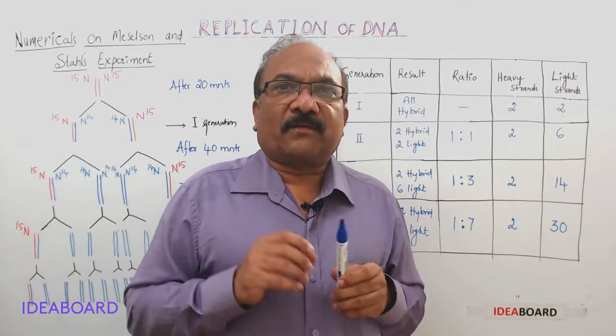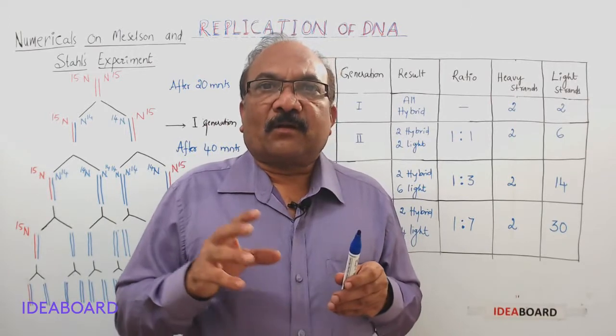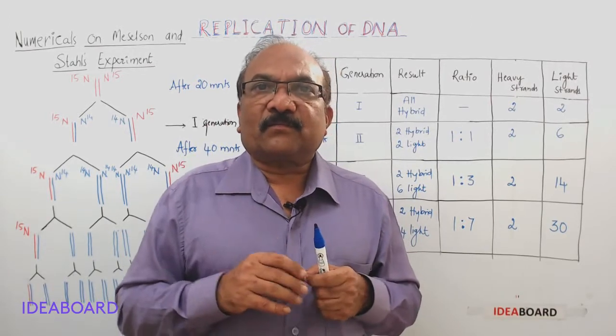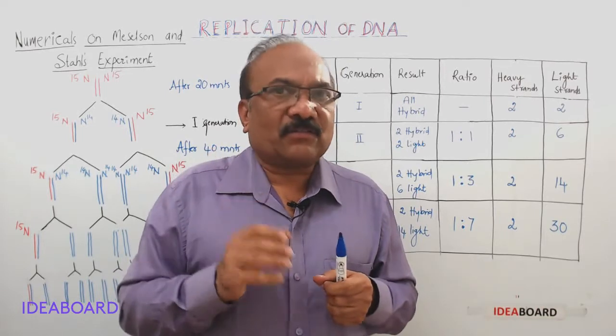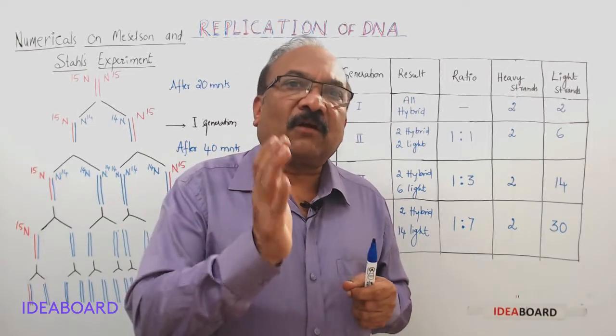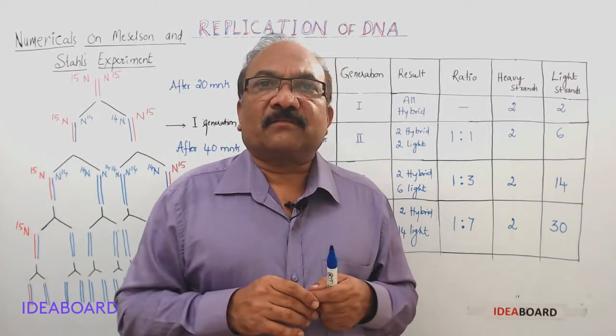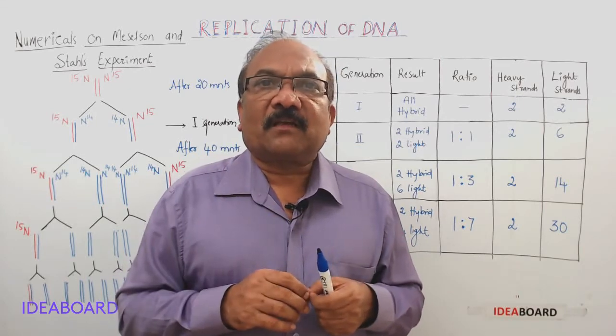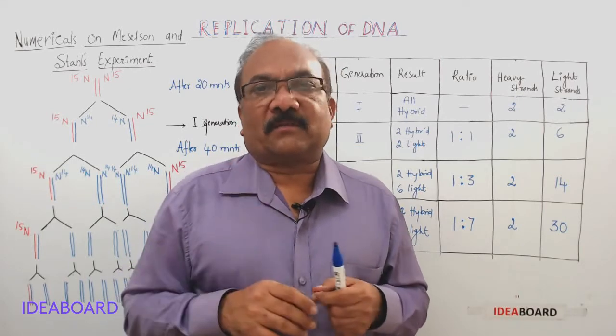To differentiate the parent DNA strands from daughter DNA strands, they used isotopic nitrogen.